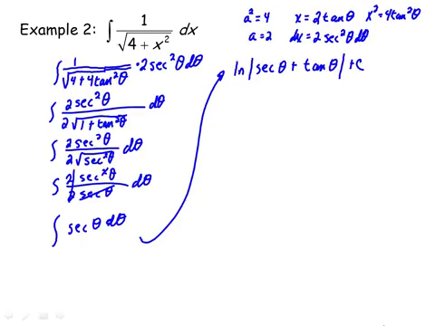You got that from your Cal 1 sheet, not Cal 2. The integral of secant theta is number 12 off of your Cal 1 sheet. Do you have your Cal 1 sheet? Okay, look at number 12.